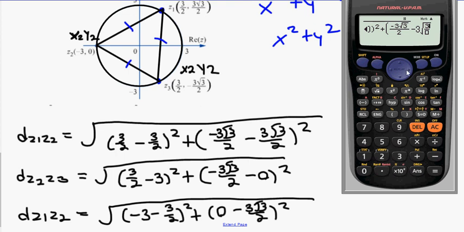Oops, gotta get rid of that part there, I'm afraid. 3 root 3 all over 2, and then we square that.